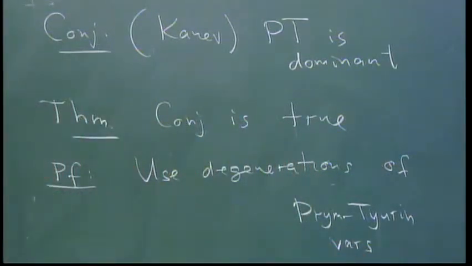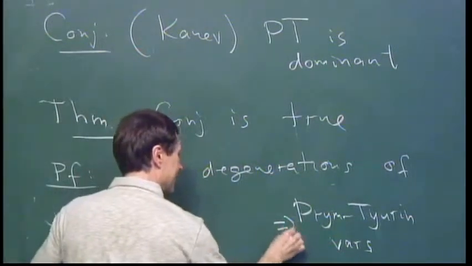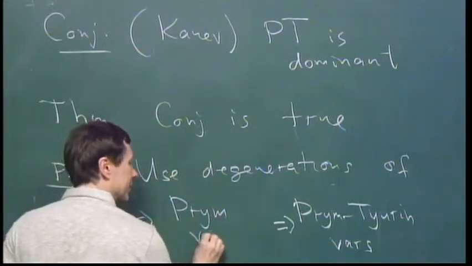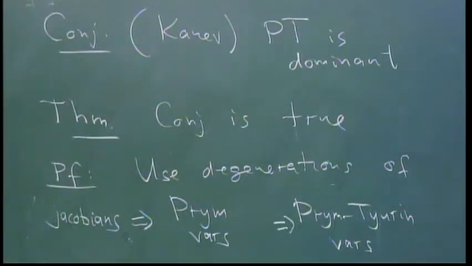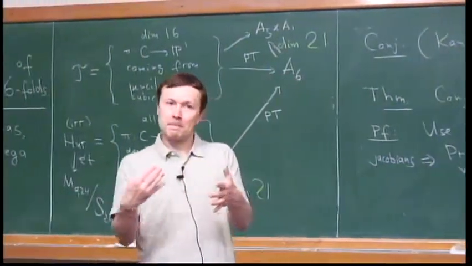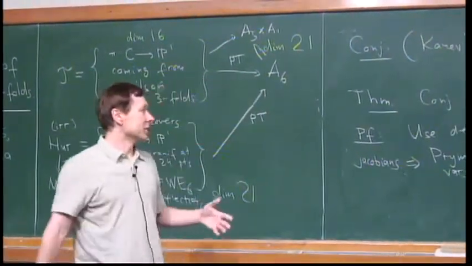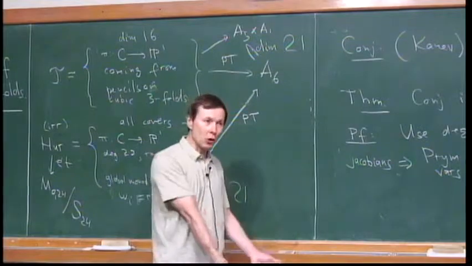But of course, this story is a generalization of the older story, so you need to understand the degenerations of Jacobians, and then of Prym varieties, and then maybe you can understand the degenerations of Prym-Tyurin varieties. And so when you study degenerations of Jacobians, then all these interesting questions appear. You want to study maybe compactifications of generalized Jacobians.